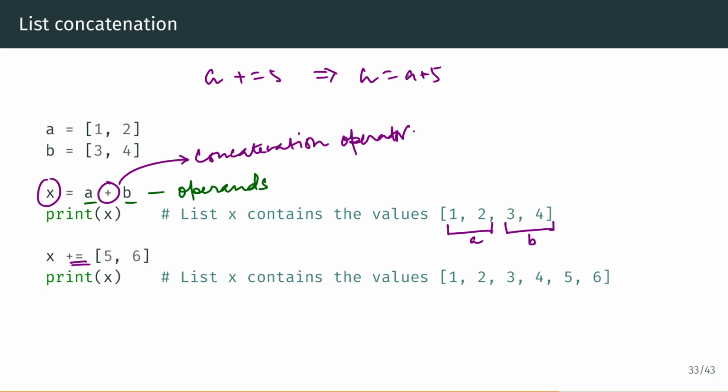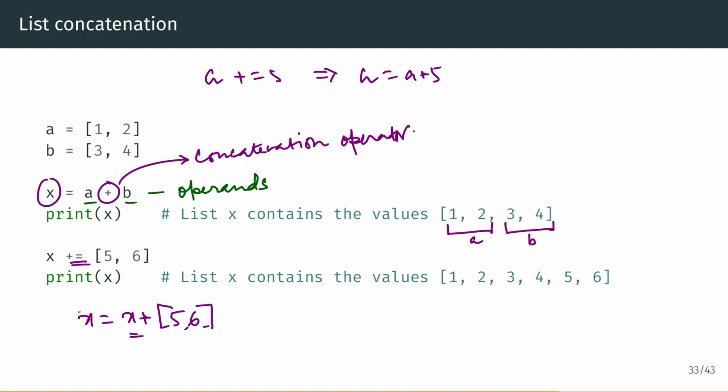Similarly, in case of a list, when you say x plus equals 5 6, essentially what you're saying is x equals x plus 5 6, which means whatever the value of the list x is, concatenate the new list 5 comma 6 with it, and then save the value back to x.